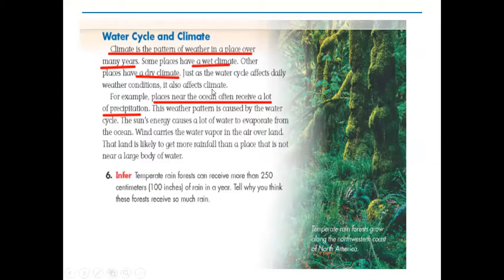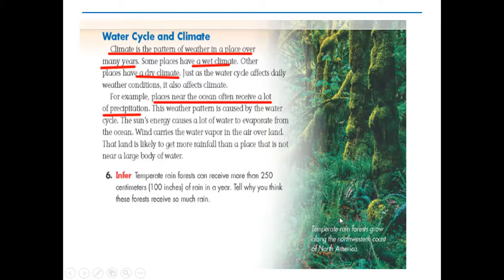Climate is the pattern of weather in a place over many years. Some places have a wet climate and some places have a dry climate. For example, places near the ocean often receive a lot of precipitation. Now, all of you, please read question number 6. Look here at the temperate rain forest.